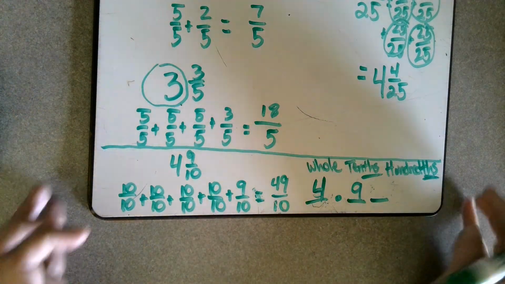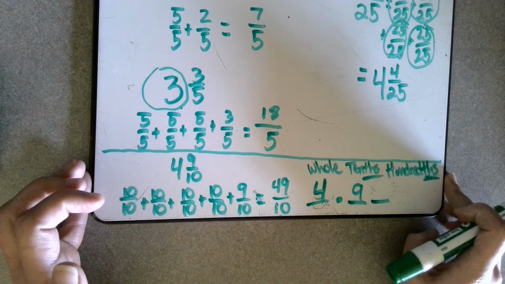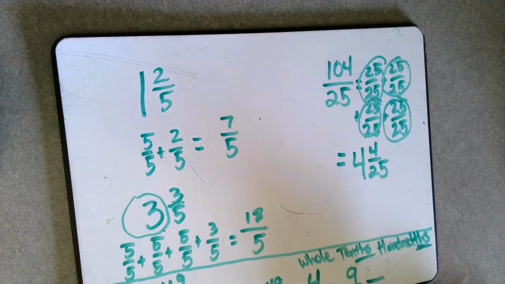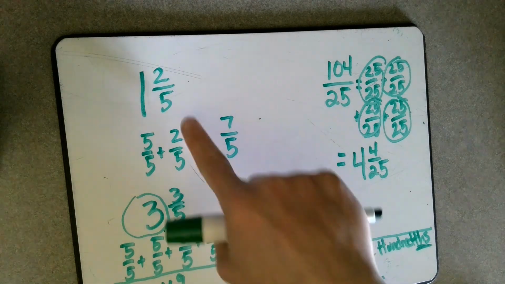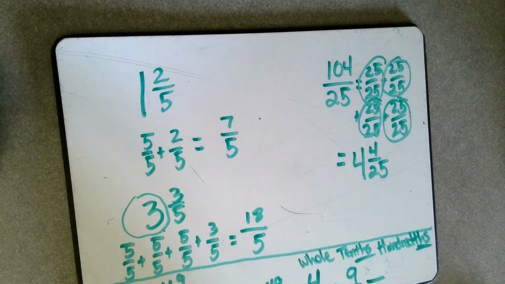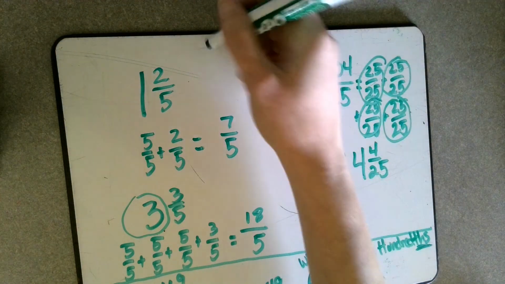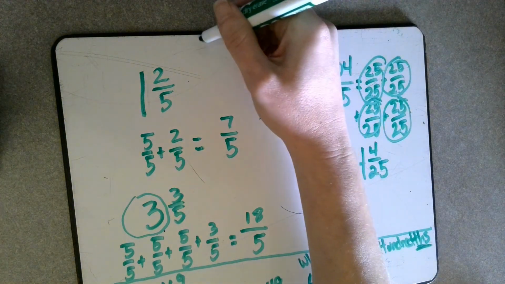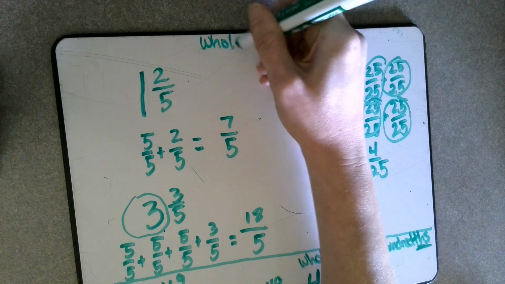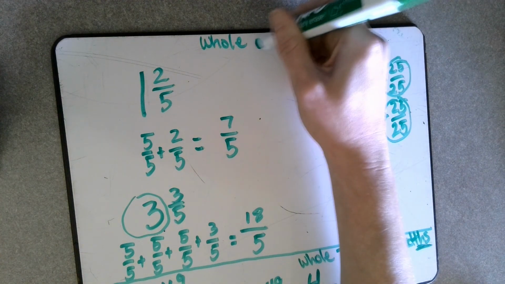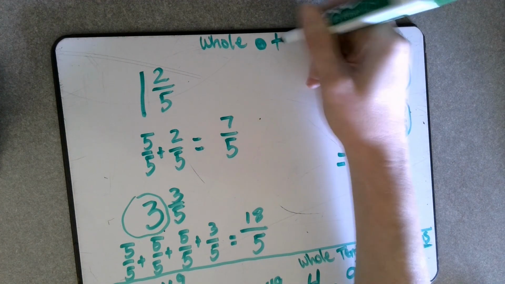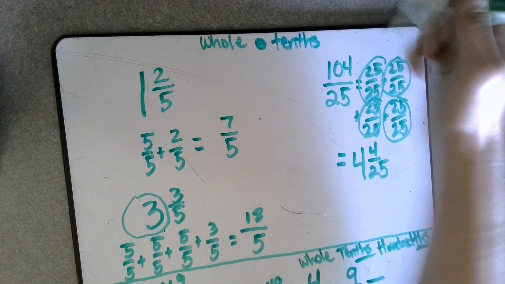Okay, so let's try that with some of these other ones. Let's take a look here at 1 whole and 2/5. Well, there's no such thing as a fifths column, right? And so that's why it's helpful to think about equivalent fractions. When we think about our place value, again, we have wholes, and then our decimal point, tenths, hundredths.